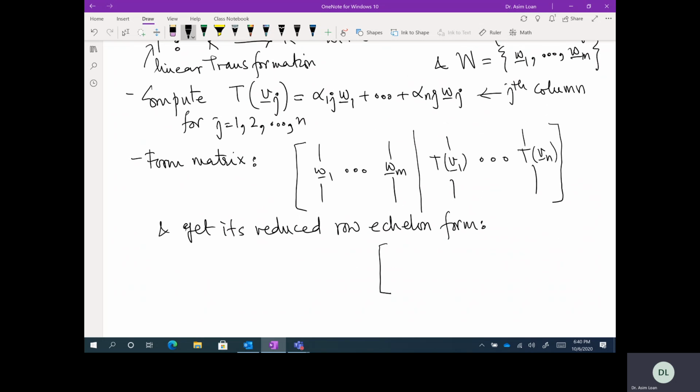That reduced row echelon form has the identity on this side and some matrix A on this side, and this A represents the transformation T with respect to the bases of V and W, where V and W are the vector spaces.